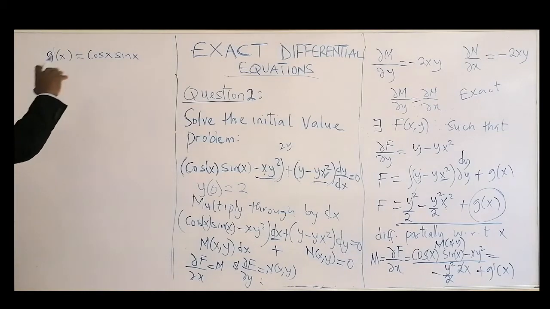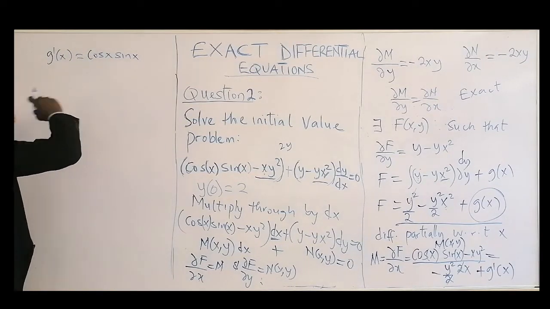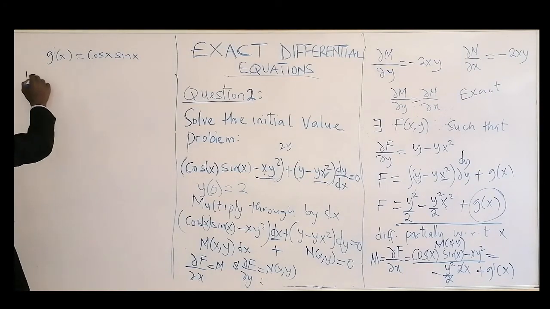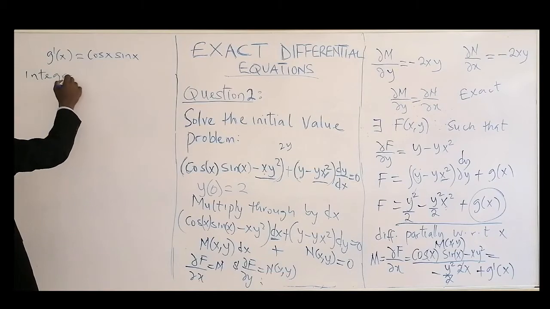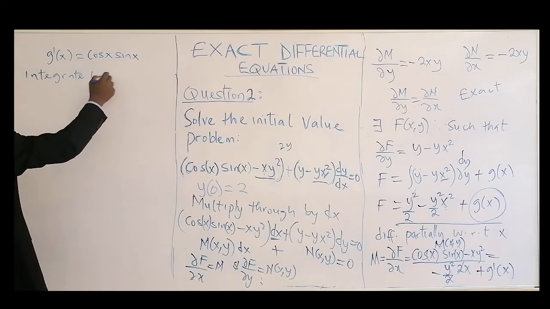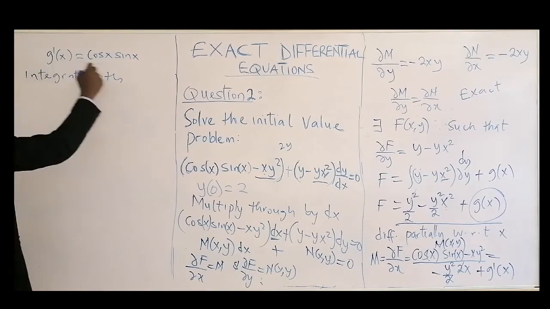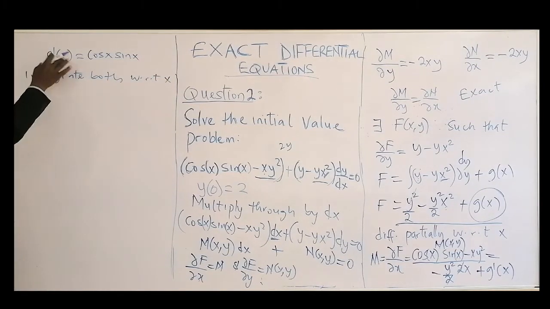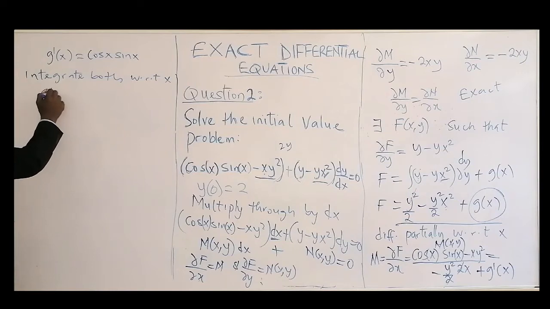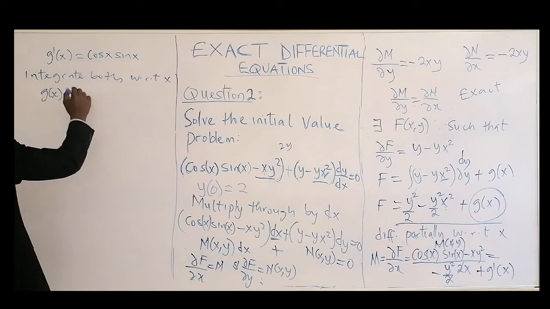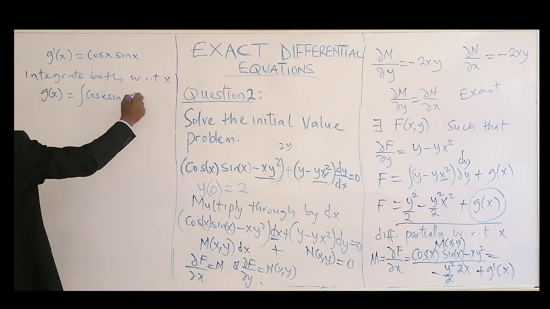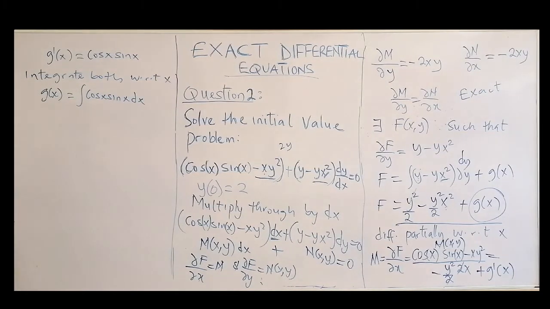What we now do, for us to get the value of g of x, is integrate both sides with respect to x. So if you do that, automatically this becomes g of x, and now we need to integrate this one.